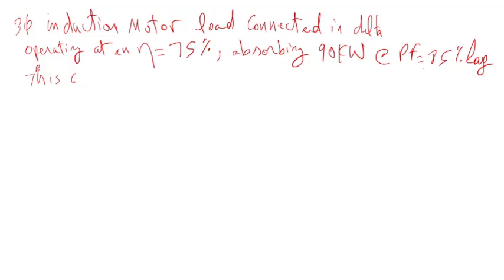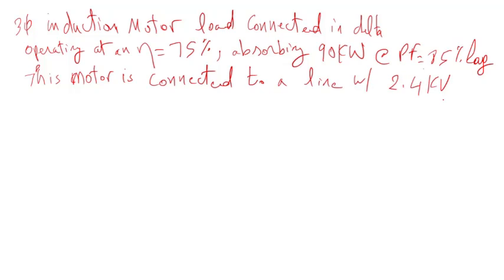This motor is connected to a line with a voltage of 2.4 kV RMS. So this is line-to-line voltage.